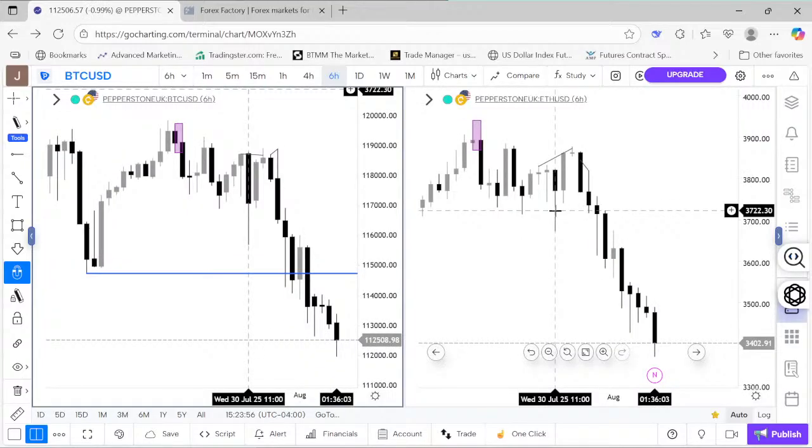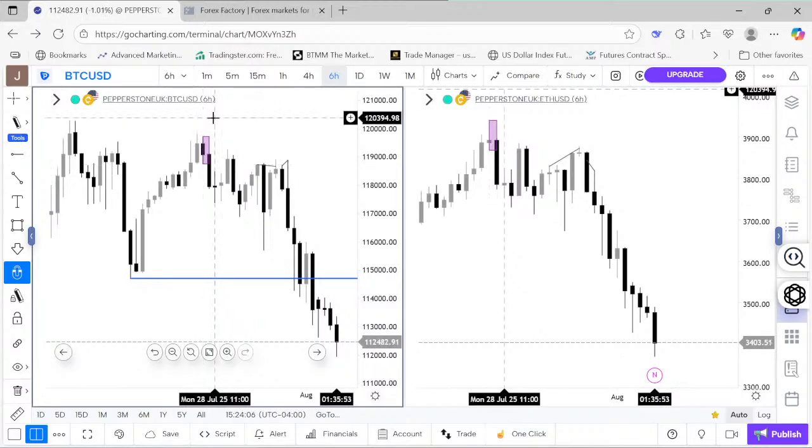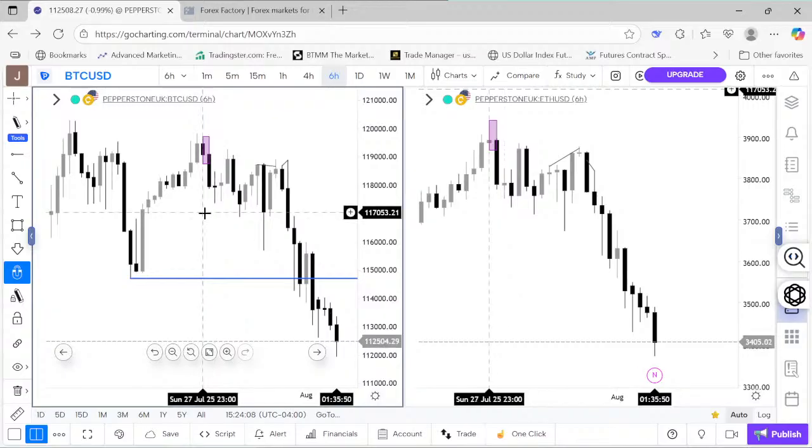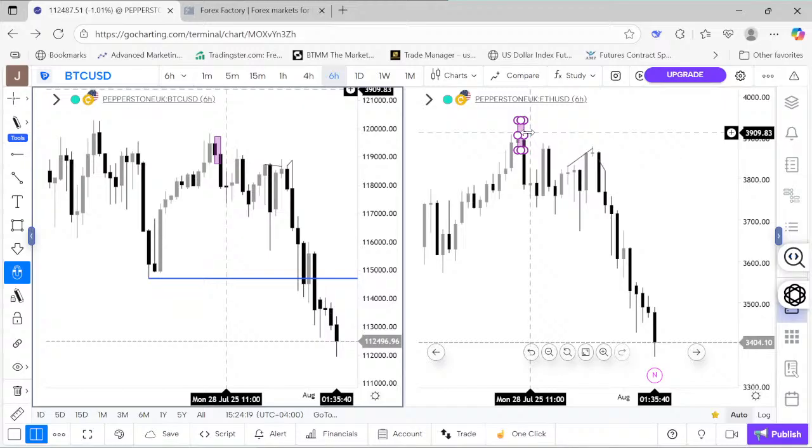First thing I had noticed, this was from last week. At the open of the week, we had a precision swing point, and that was the main indicator to say that price was going to start going down. So that was the reason why that candle in particular was highlighted.